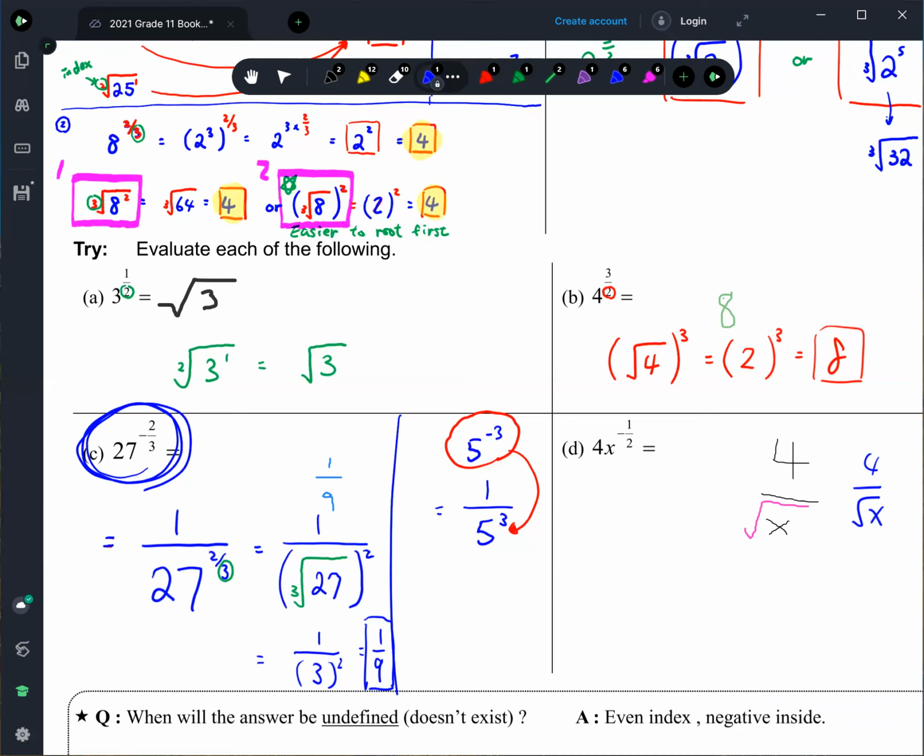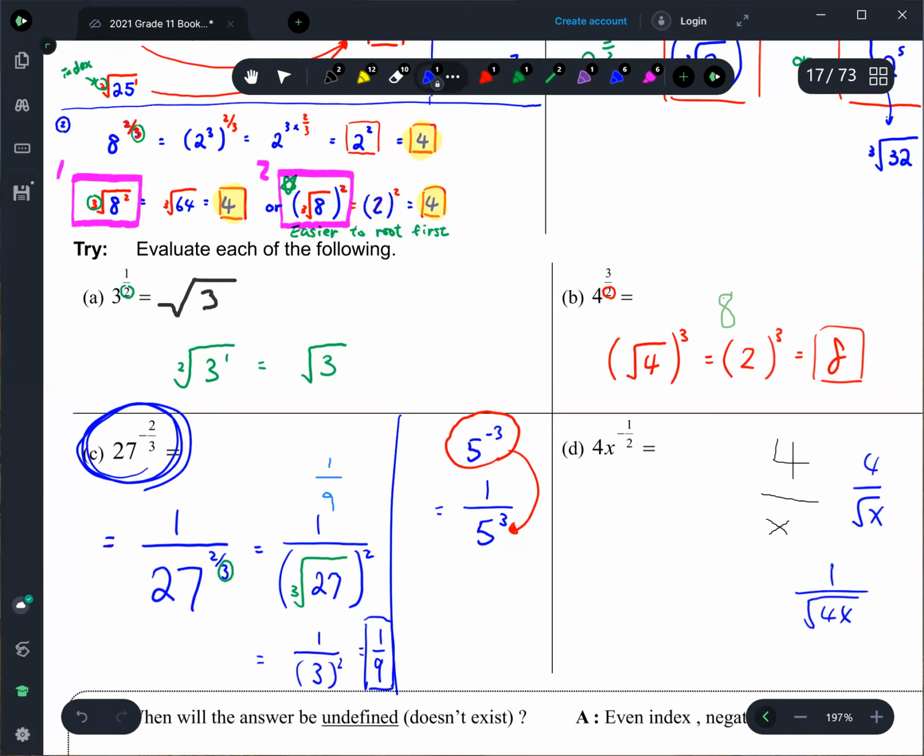Henry, what do you have? I have one over the square root of 4x. So like this. Is that what you have? Yes. Okay, so we have 3 options here.